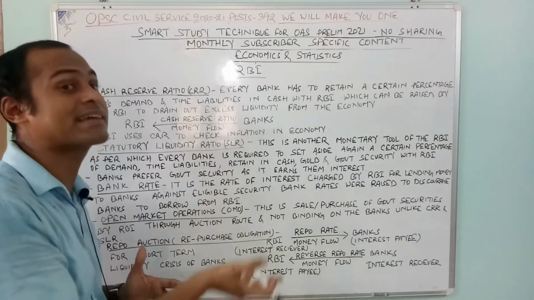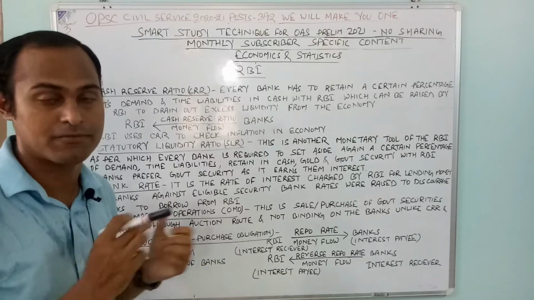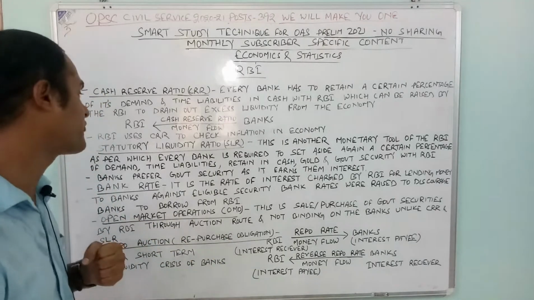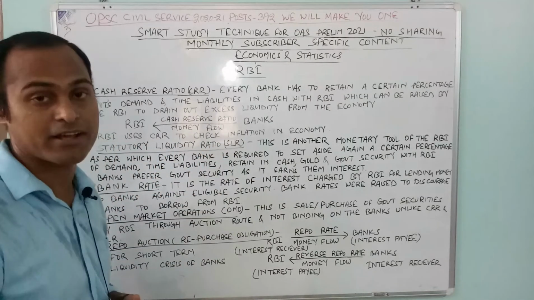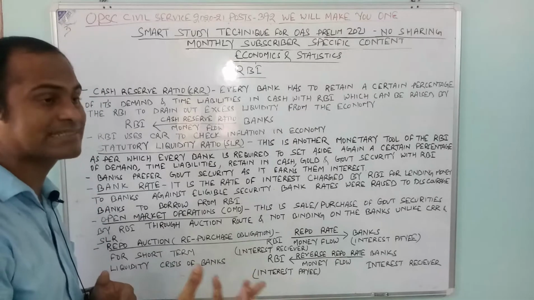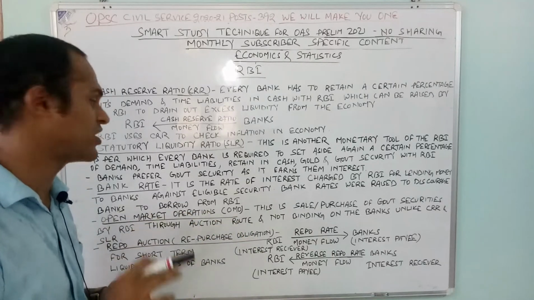When RBI increases the CRR, what happens? The money is drained out of the system from the banks to the Reserve Bank of India. I hope the concept is clear to all of you. RBI uses CRR to check inflation in the economy, which I have already discussed. It drains out excess money and thus controls the economy and inflation.